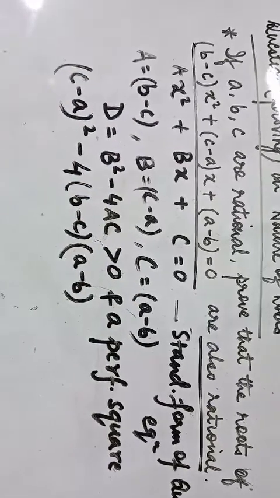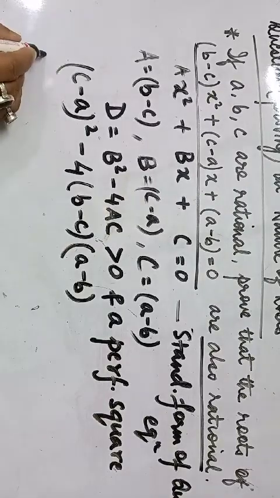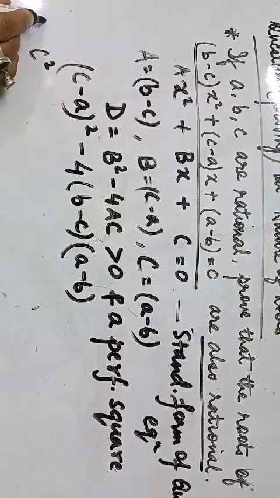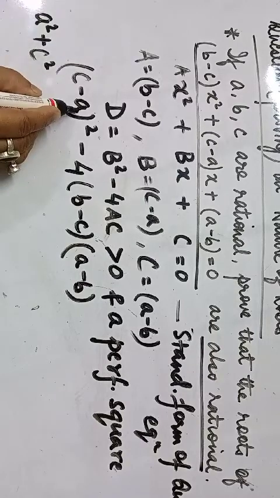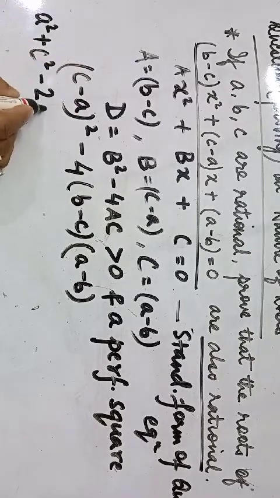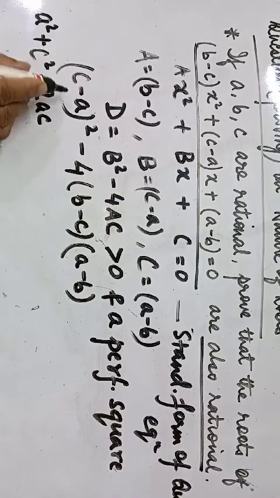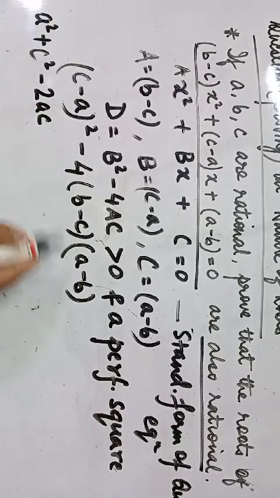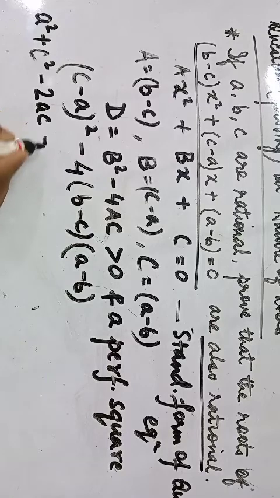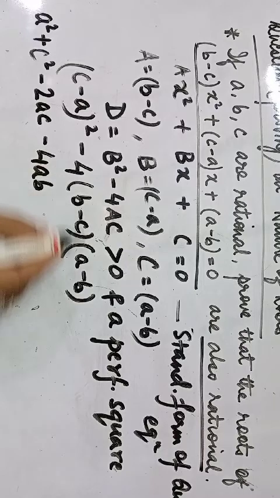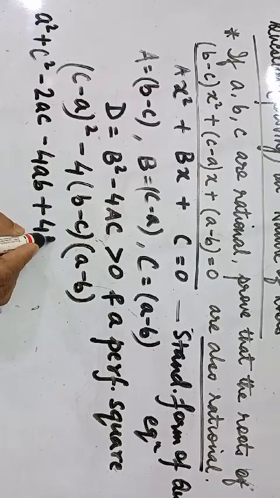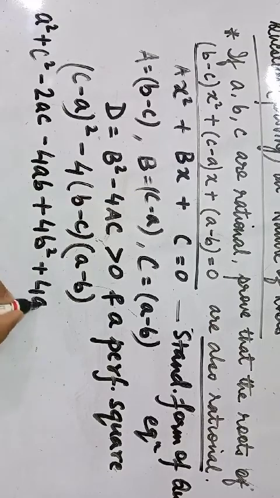Okay, so now let me see. Squaring this up, you have a square plus c square minus 2ac, which will be the expansion of this portion. Then I'm going to expand this, you can do that in your own free time. So 4b into a gives me 4ab, then minus minus becomes plus 4b square, then you have plus 4ac, then you have minus 4bc.